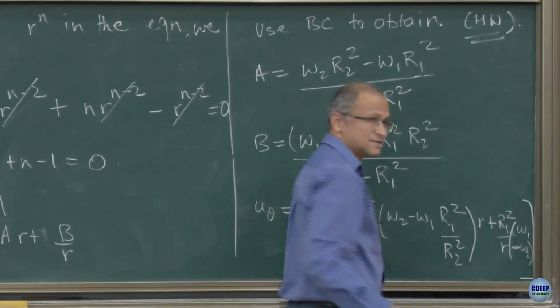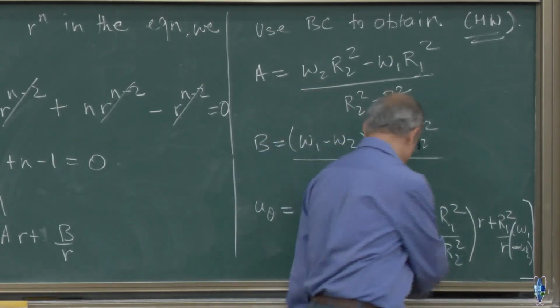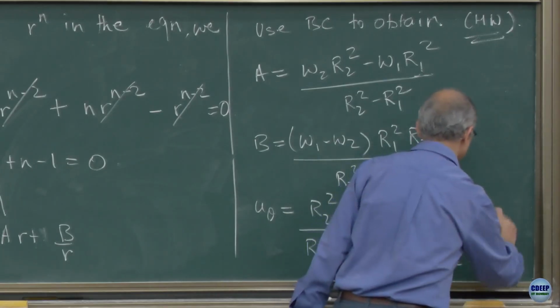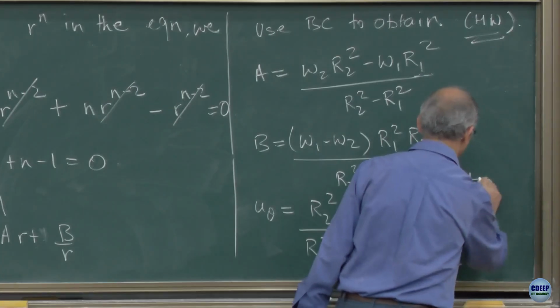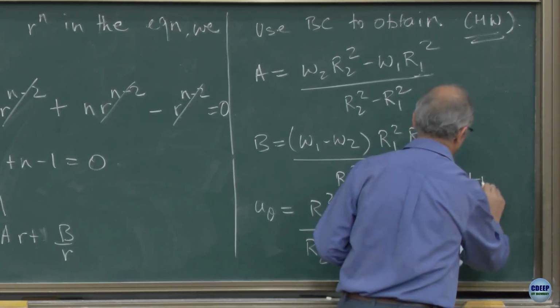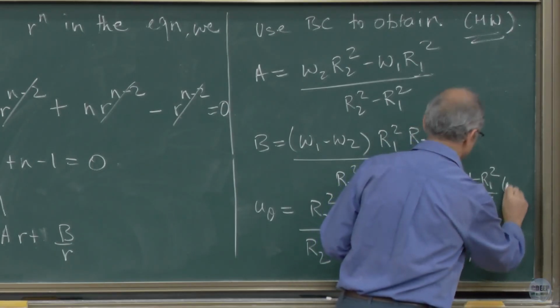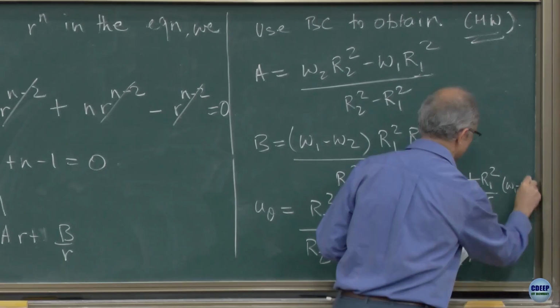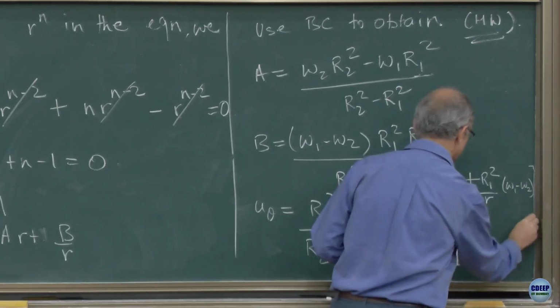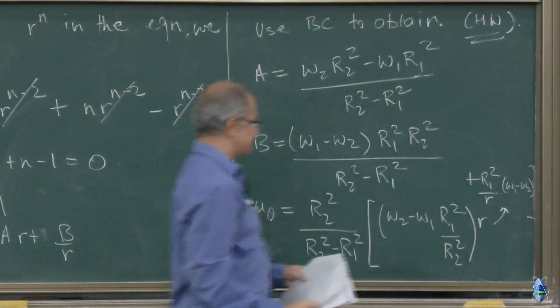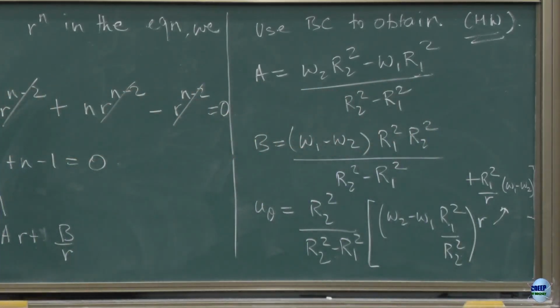I have not written it very neatly, but I hope you can read omega 1 minus omega 2. Maybe I'll just try to write it again. Plus r1² upon small r times (omega 1 - omega 2). So this plus this term here. Okay, so this is simple enough. Any questions here?